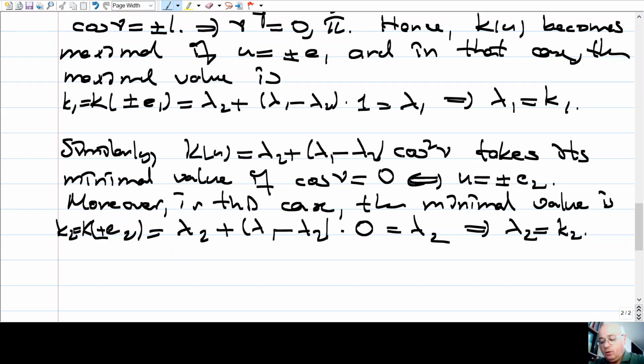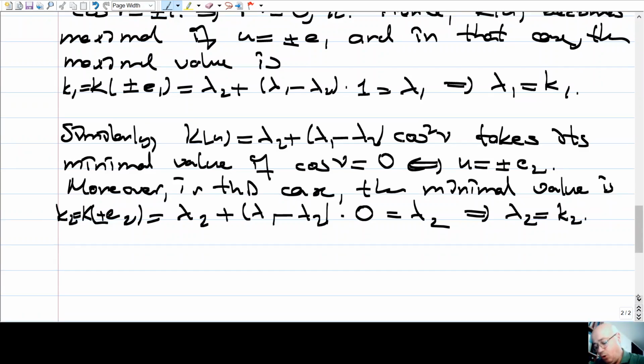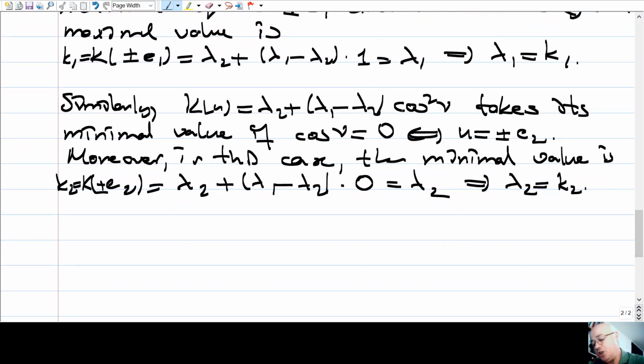So the smaller eigenvalue of the shape operator is the smaller principal curvature of the surface at the point P. Okay.